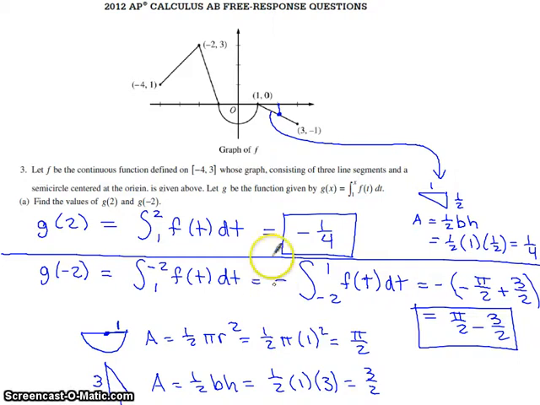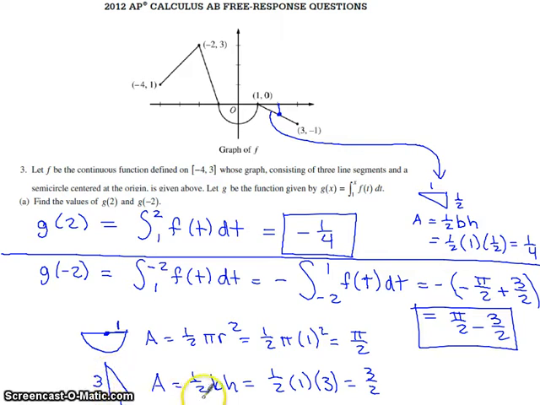And then I realized I would have had to find the area of this semicircle, and the semicircle has a radius of 1. And so its area is going to be half the area of a circle, and put 1 in place of r in the formula for the area of a circle, and you get pi over 2 square units for the area of that figure. And then the area of the triangle that we see right here. Now this triangle has a height of 3 and a base of 1.